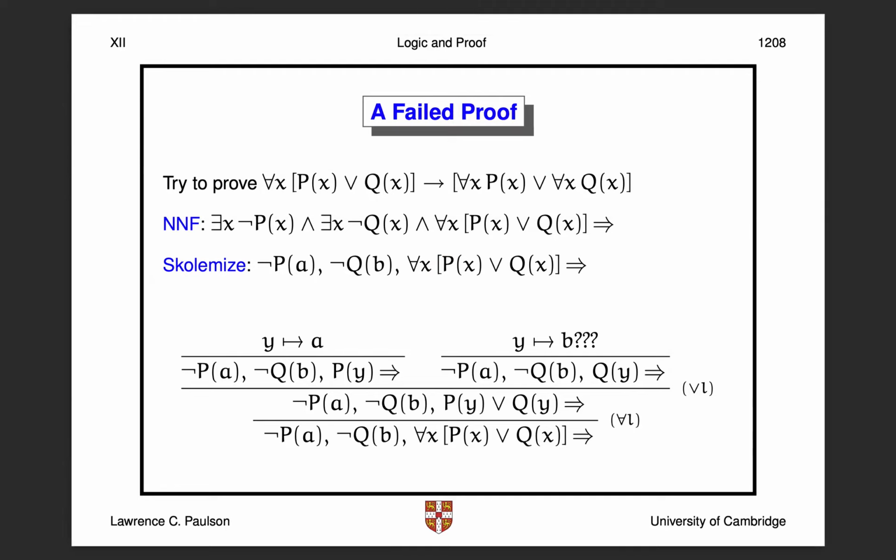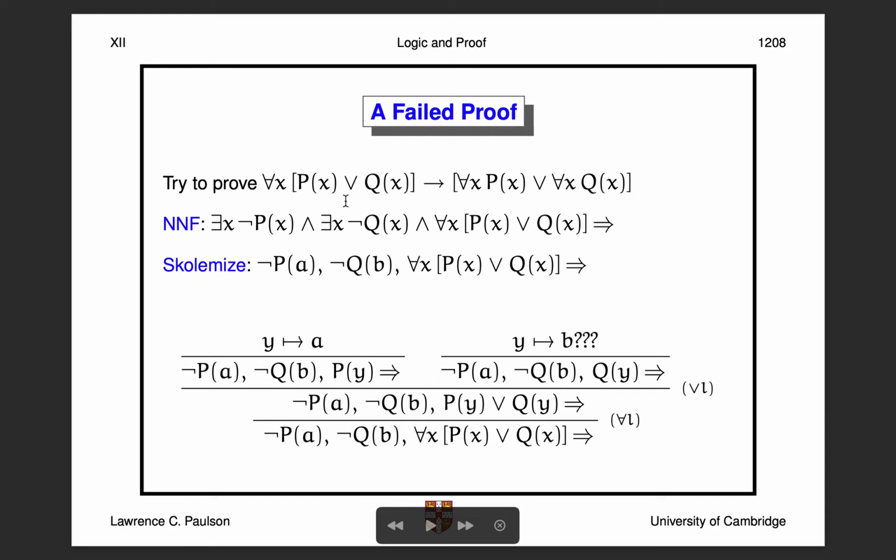Now, I mentioned already that when you use unification to replace a variable, you need to apply it consistently throughout the proof. I have an example here showing you why that is necessary. What we are trying to prove on this slide is not a theorem.